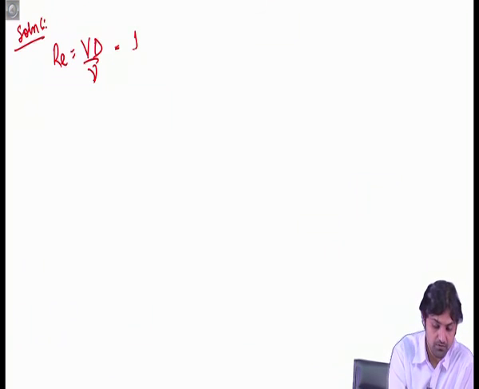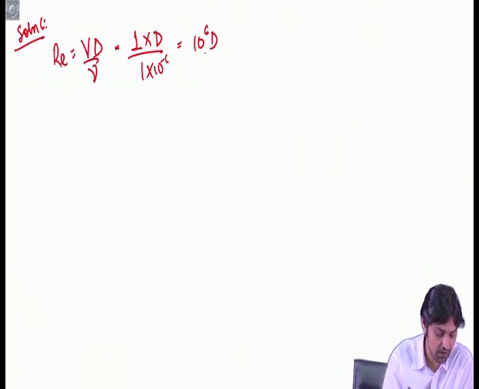First, we find the Reynolds number, Vd by mu. V is 1 meter per second, diameter d, let it be this, and mu is 1 into 10 to the power minus 6. So it becomes 10 to the power 6 d in terms of diameter.